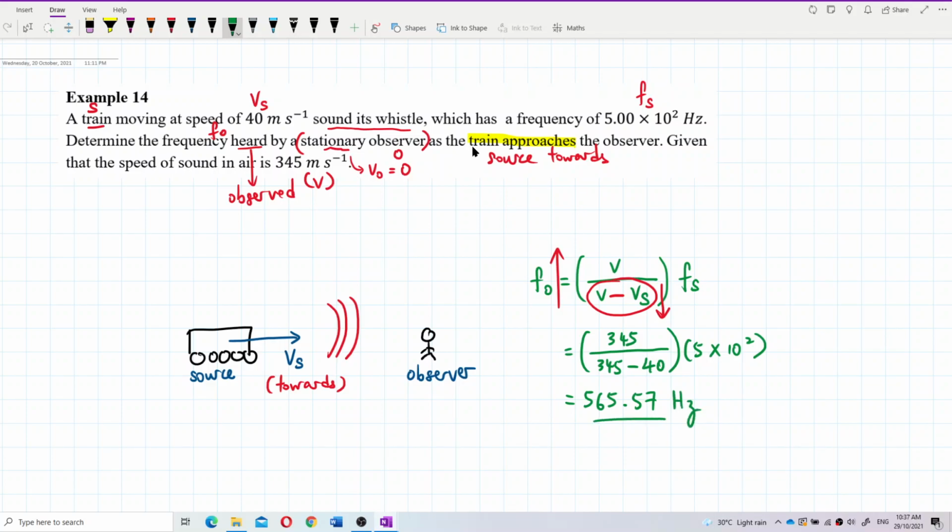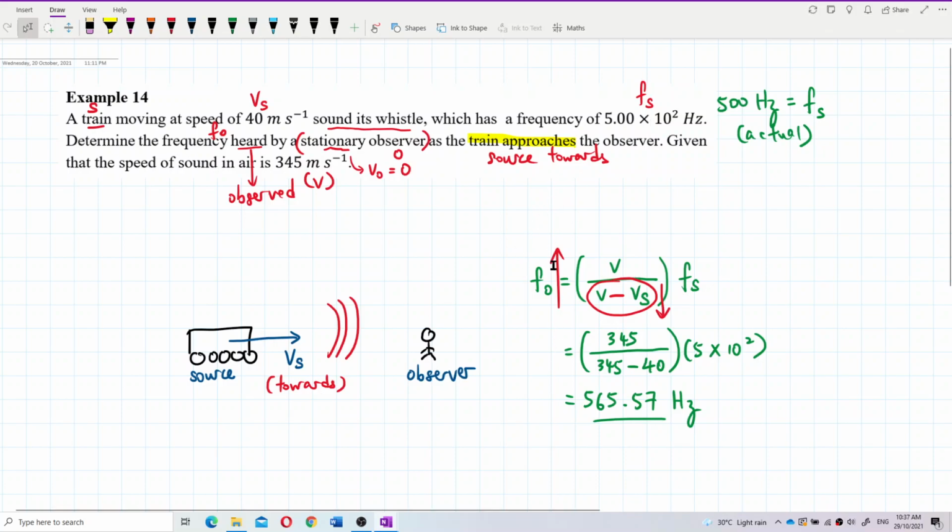Is the answer correct? No answer given, but I believe this answer is correct. Your observed frequency should increase, and it did increase. Last time, this one is 500 Hertz, the source frequency or the actual frequency.